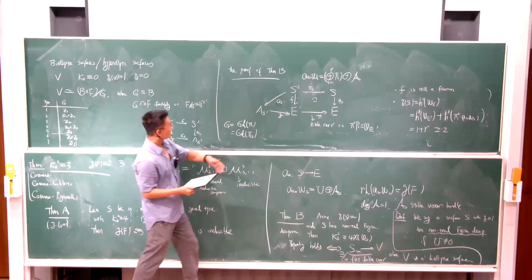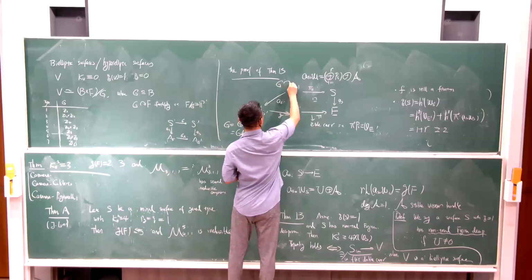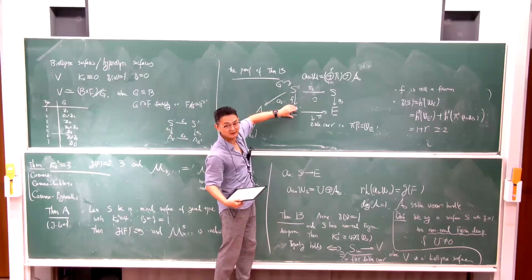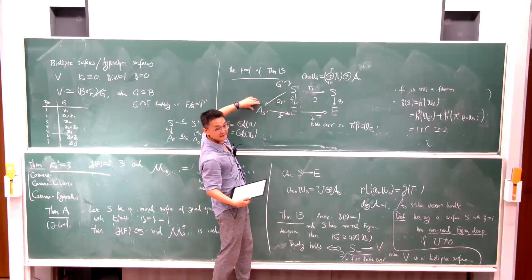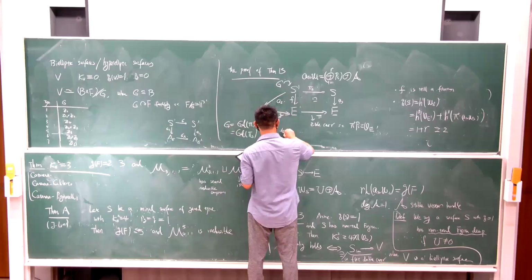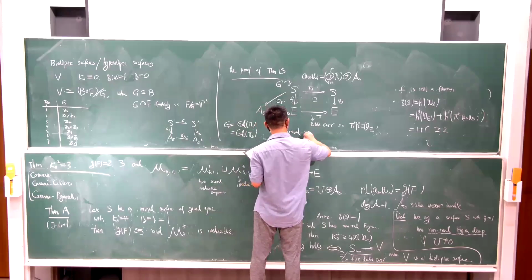So this automorphism is induced by the action here, but it also descends to an action here, by the universal property.